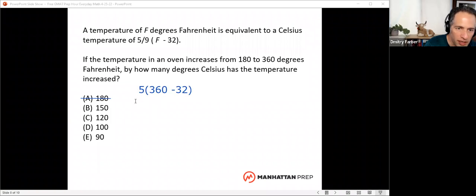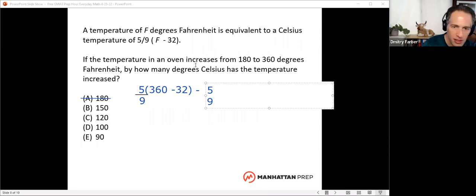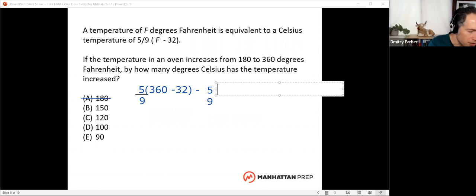This is starting to look kind of ugly. But notice the answers are not approximations. It doesn't say approximately how many degrees. It says how many, which implies that somehow I'm supposed to get a clean answer out of this. So what should I do? Probably not try to find 5/9 of 360 minus 32 right now, especially because I'm also supposed to find 5/9 of 180 minus 32.